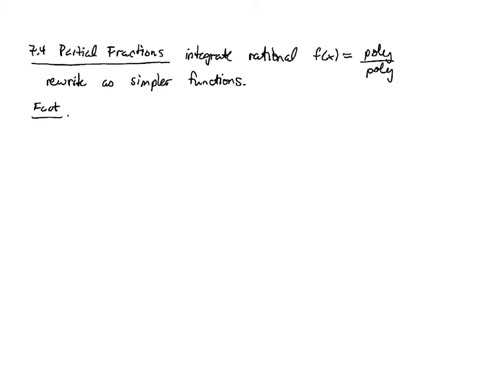and that's the case where your function f of x is a linear polynomial on top, and on the bottom, oh, that's a bad choice of letter. Let's try something else.